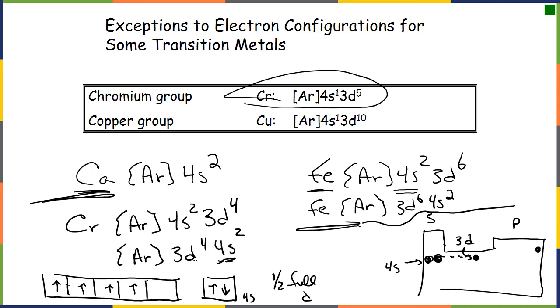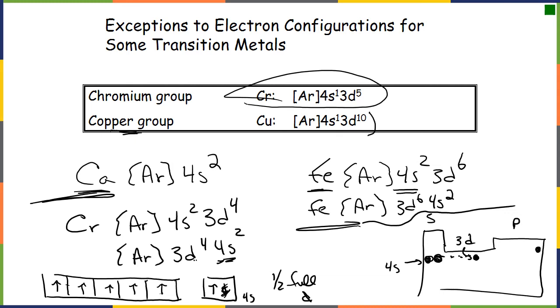This is almost like an empty seat in a movie theater where someone over here goes, aha, I'm crowded in over here and this is empty. And so this electron is simply going to shift over and go right there. Why? Because when each of these are separated, it is more stable. A half full d is stable. A full d is also stable.